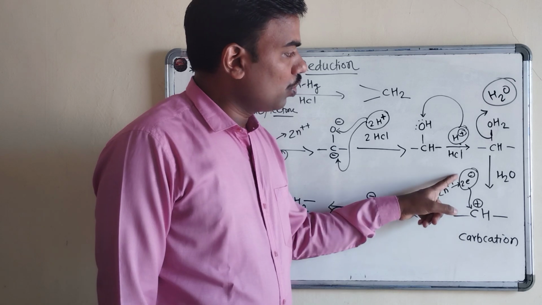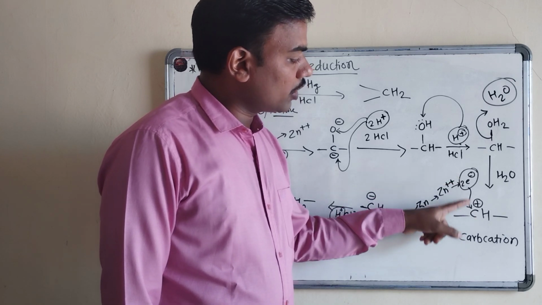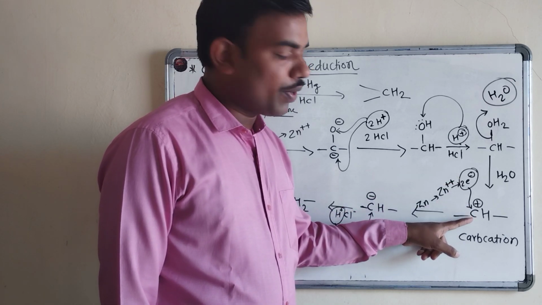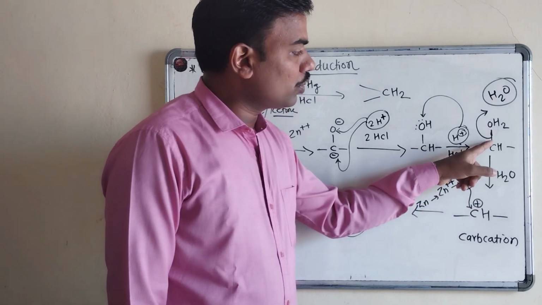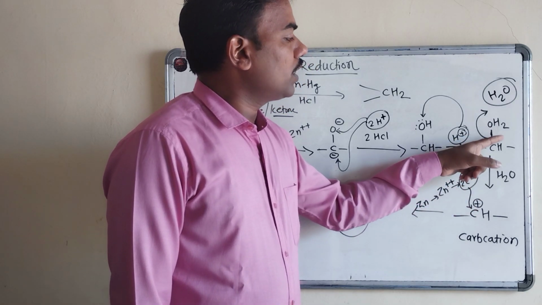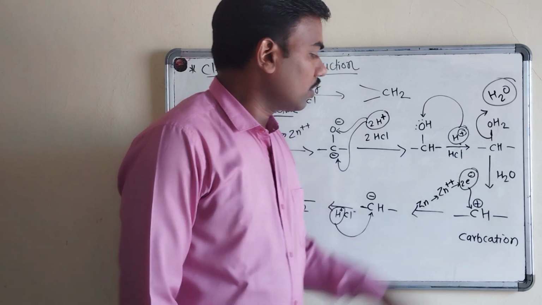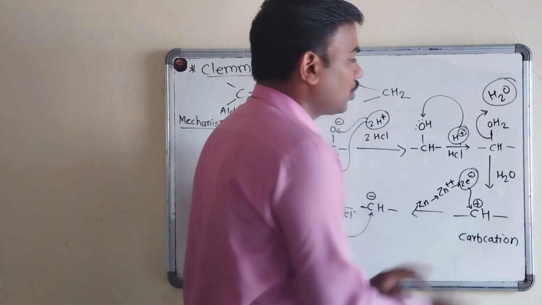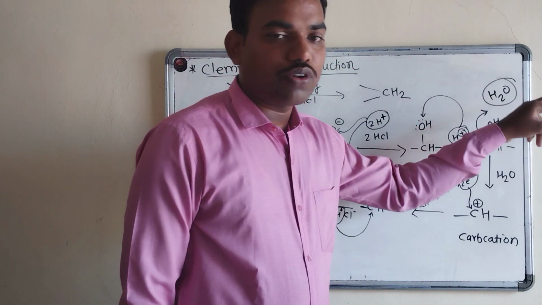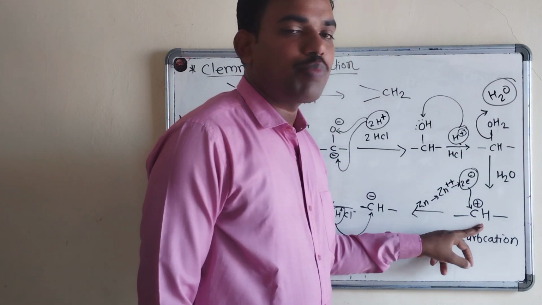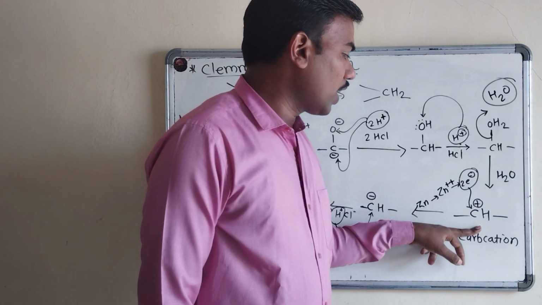Due to this 2 electron transfer towards this carbon, what will happen? In the first step, as shown, the carbon shows positive charge. Why? This water molecule is left, due to that it possesses positive charge.